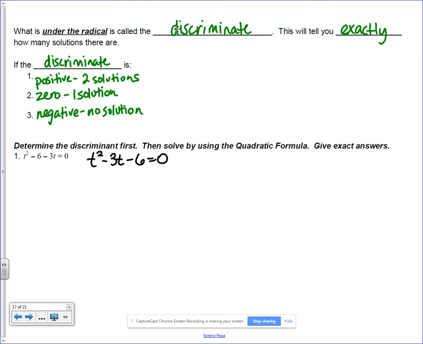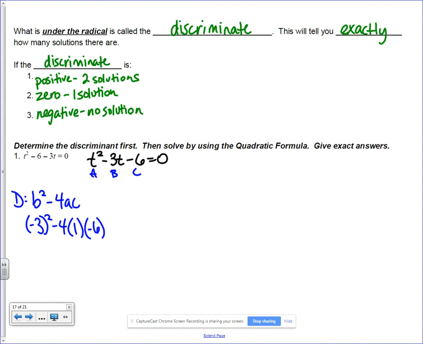Let's label. What is the first part that you need to find? The discriminant, which is b squared minus 4ac. What is the b? Good.